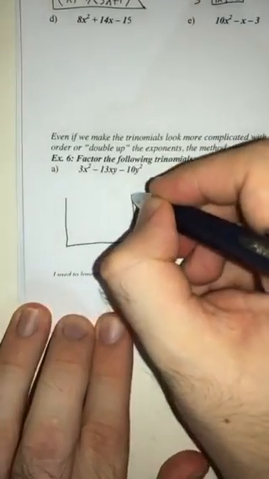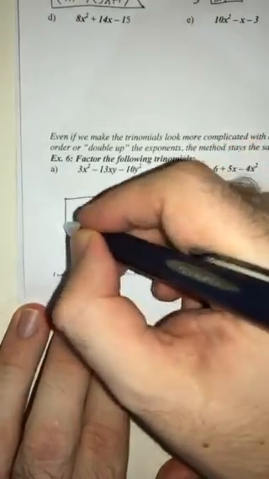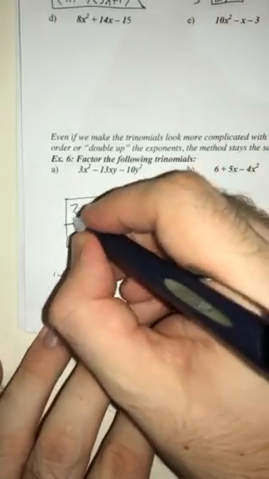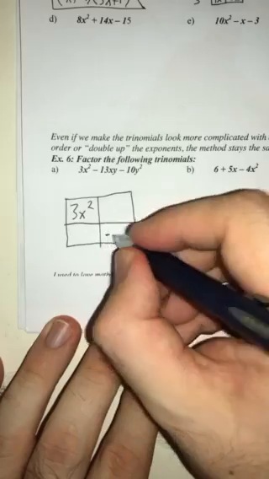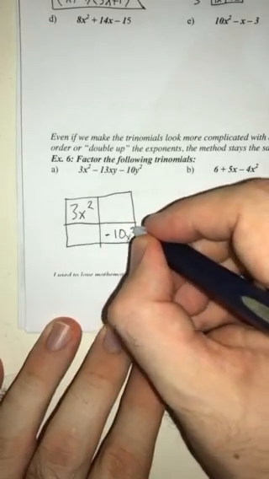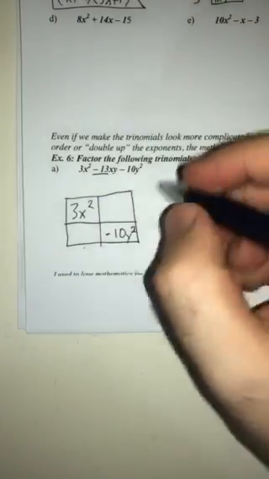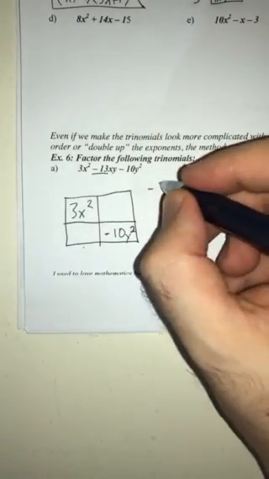So draw out the box. If you notice, I'm starting to like this one a lot more. It's a lot quicker to be able to do it. So I've got 3x squared up here, minus 10y squared down here. Just need to figure out these other two boxes. So what's going to add to negative 13 and multiply to negative 30?